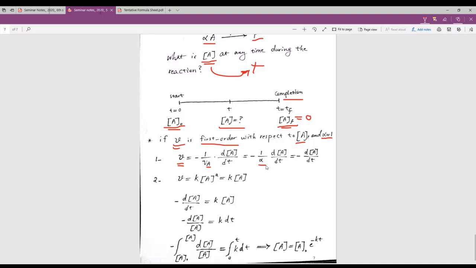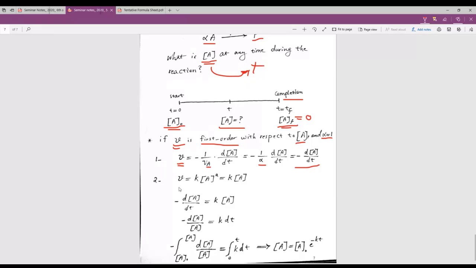And because alpha is 1, it is 1 over 1, so I just don't put it here. So it's negative dA over dt. That's one definition. I keep saying nu, but this is epsilon. Sorry, epsilon, the general rate, is negative dA over dt.